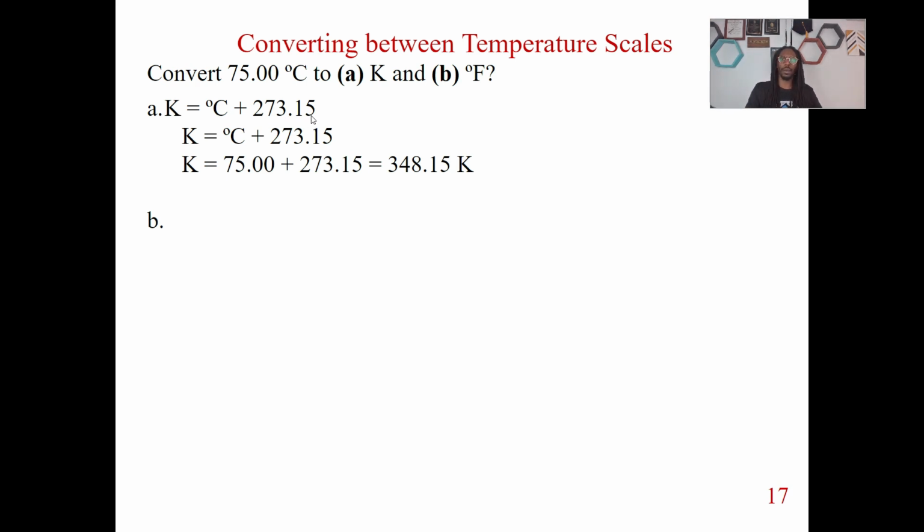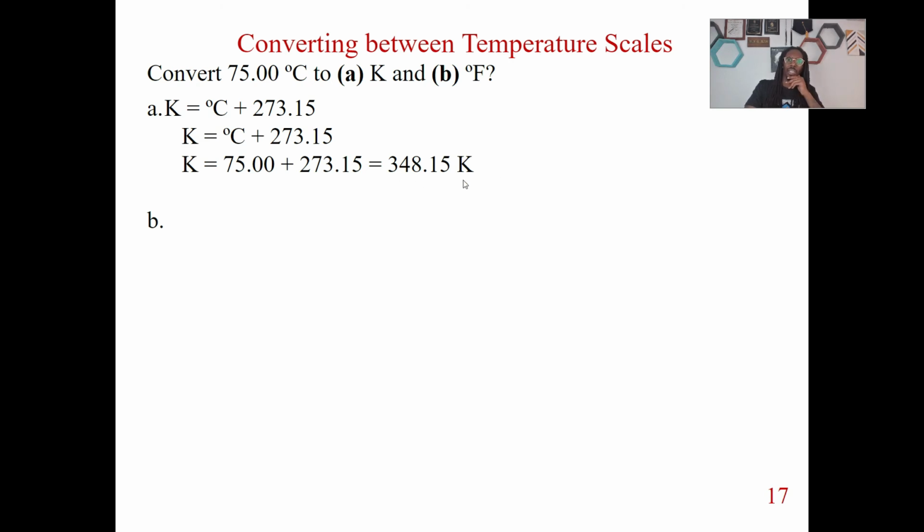Simple as that, because they have the same scale. So I already have my Celsius, so all I have to do is add 273.15. So 75 plus 273.15 equals 348.15 Kelvin. So this is what I have in Kelvin right now.